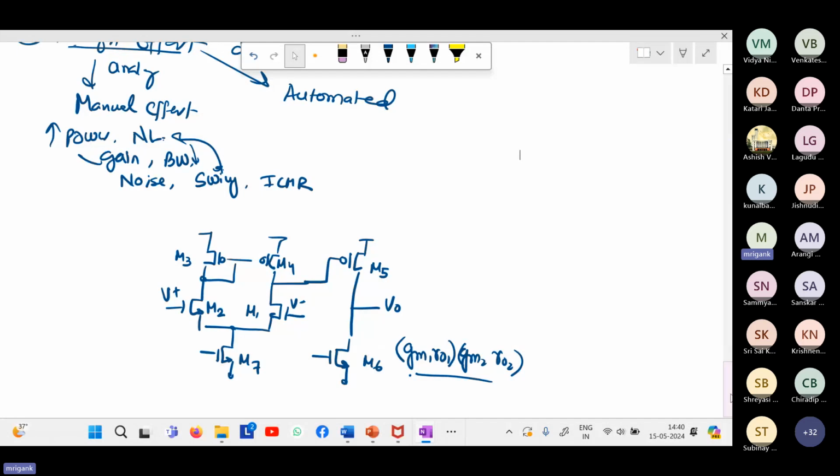So before we proceed further, any question regarding whatever we have covered? In the simulation example, remember we started from a single inverter and then went to two inverters. We looked at the sizing issues, and we tried to see the effect of increasing PMOS size or increasing NMOS size. All those things we discussed.